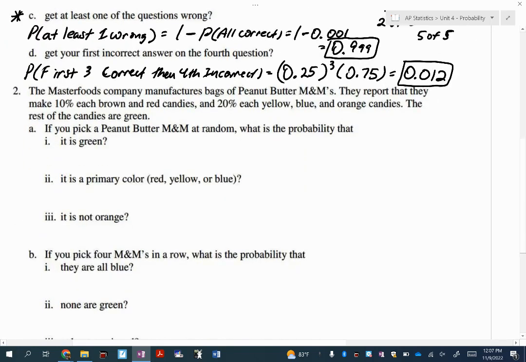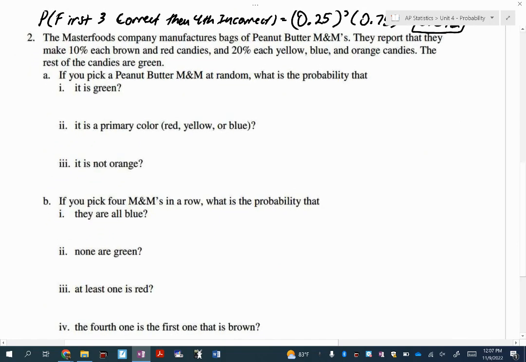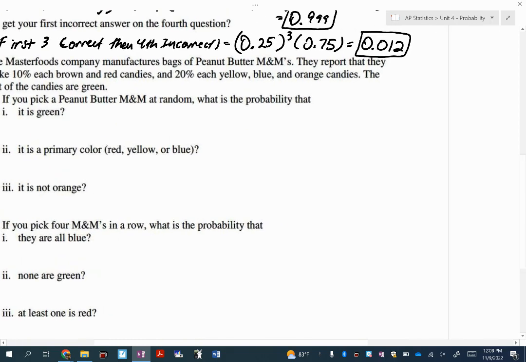Okay, so number 2, we have the company is making peanut butter M&Ms, and they report that 10% of their candies are brown and red. So let's do this to the side here. Brown is 0.1, red is 0.1.